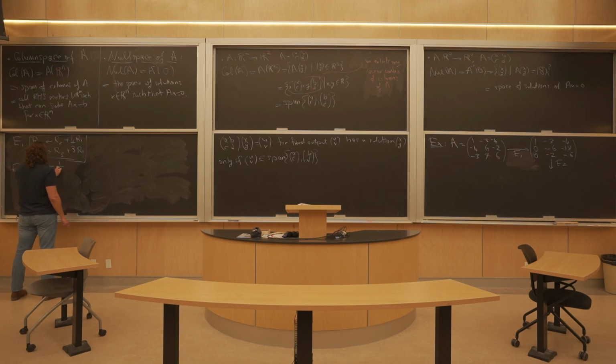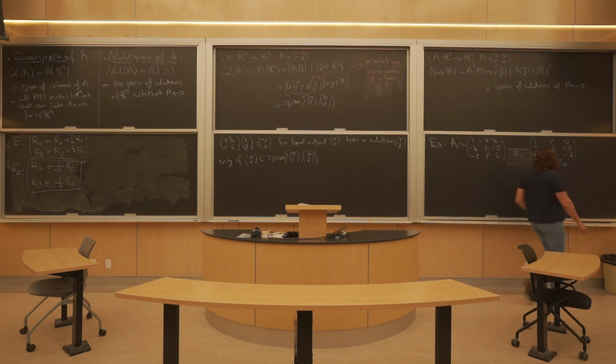Replace R2 by minus 1 over 6 times R2, and replace R3 by minus 1 over 2 times R3. Okay, so now once I do that, I get this new matrix. This is now 1 minus 3 minus 4. This is 0, 1, 3, 0, 1, 3.